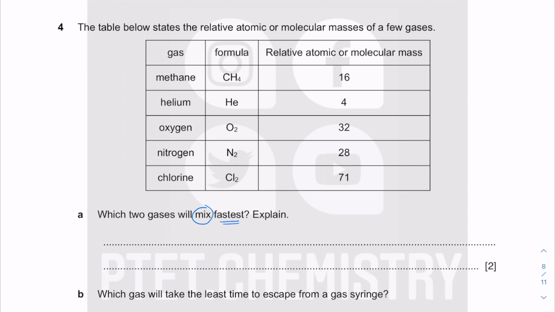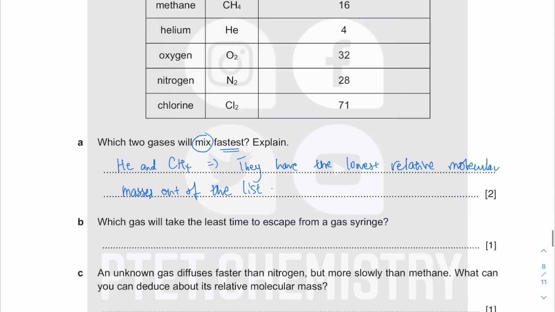So we are looking at helium and also methane. They have the lowest relative molecular masses out of everything in the list.